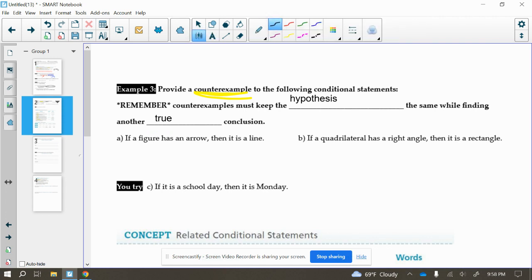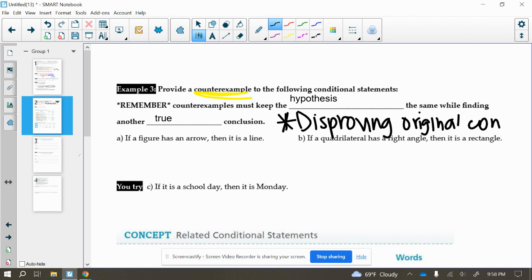Again, the key here is that we are disproving the original conclusion. So the original Q portion.